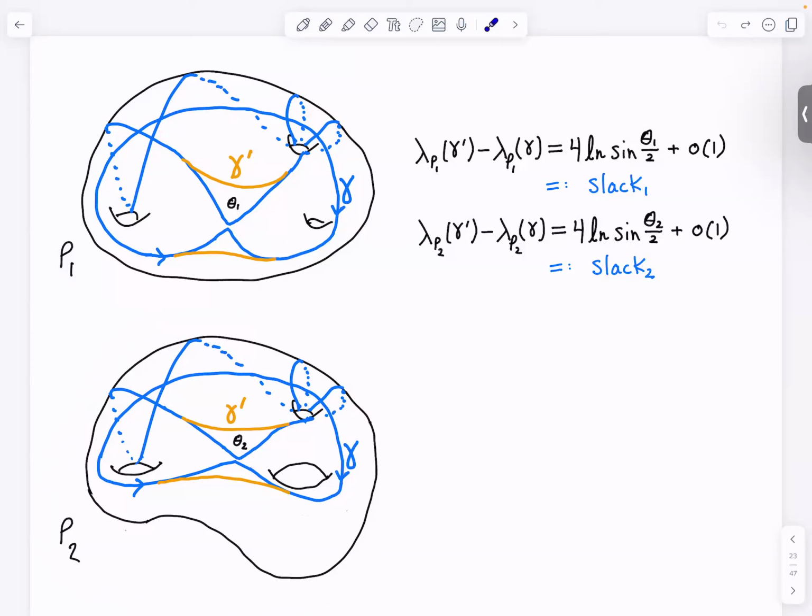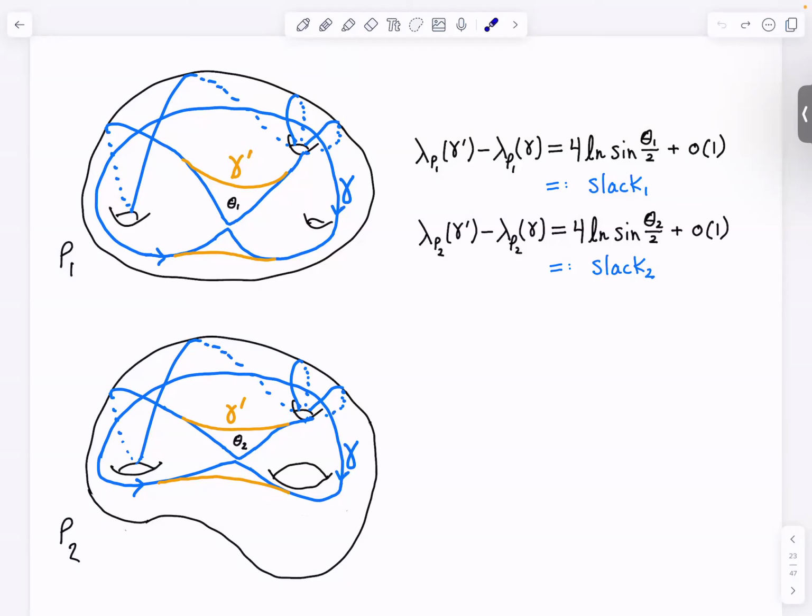Oh, good question. Yeah, my picture's a little misleading, isn't it? So the question is whether the geodesic representative of gamma prime is actually just one new arc here and then connects up with gamma from before? No, that's not true. But what's true is, remember, geodesics which are close for a really long time are super close for most of the time that they're close.